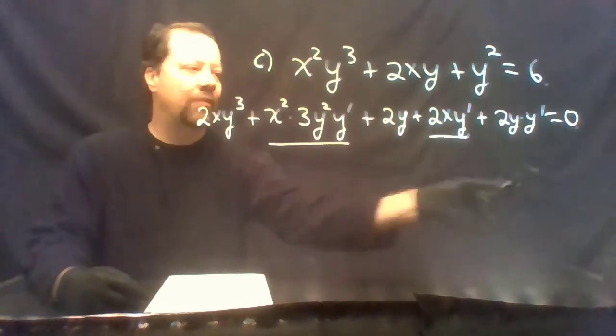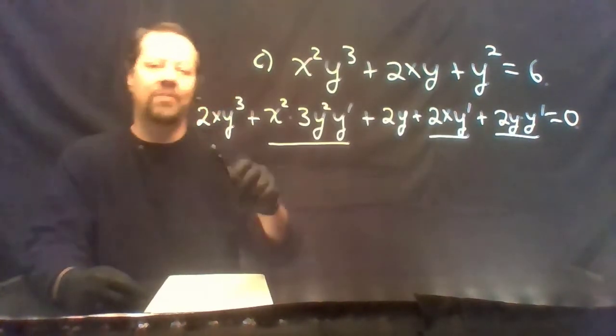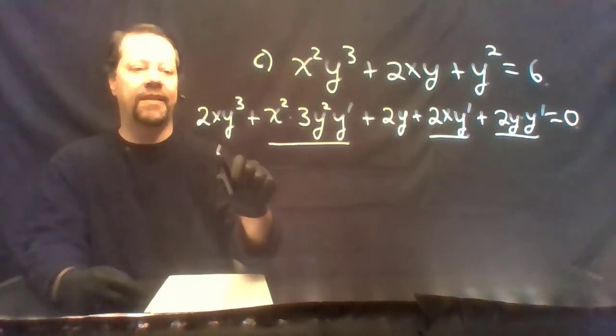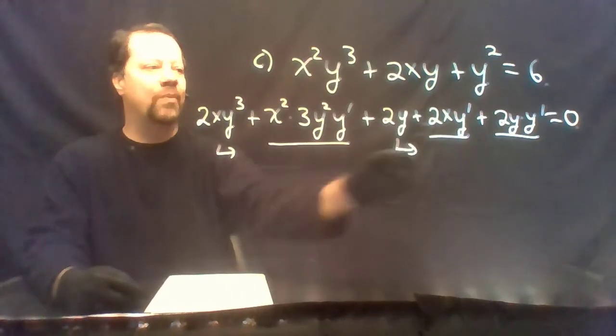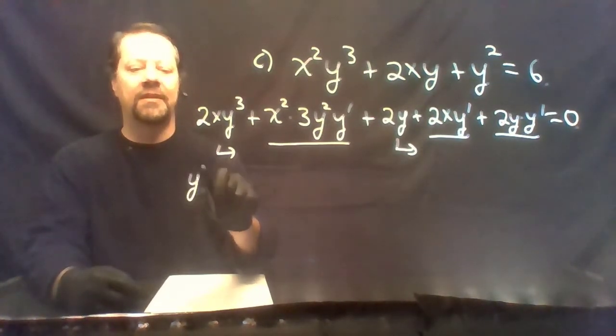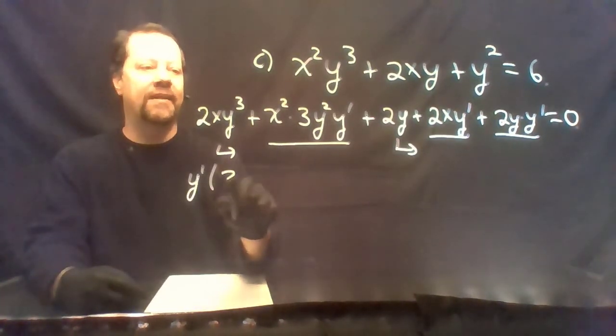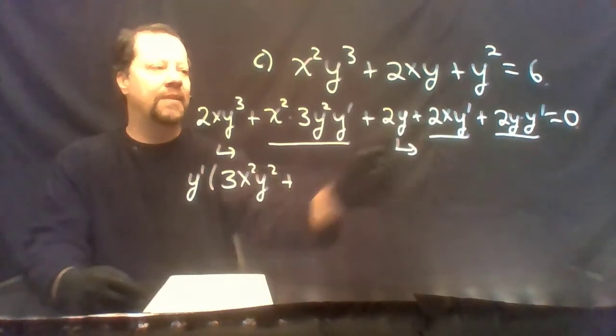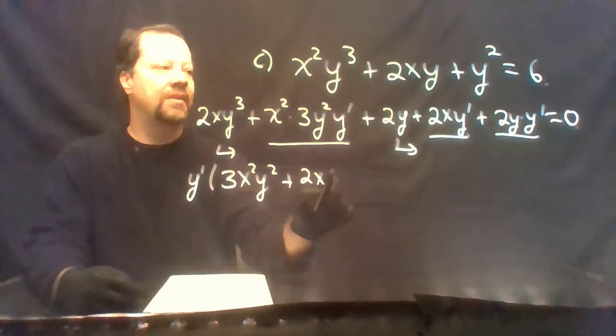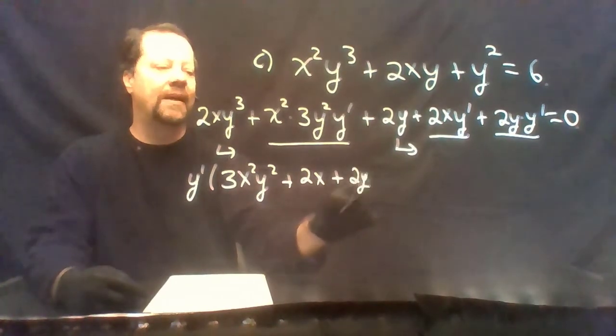The terms that have a y prime will stay on the left. Everything else will be shifted to the right. We'll factor the y prime out. We get y prime times the quantity 3x squared y squared plus 2x plus 2y.